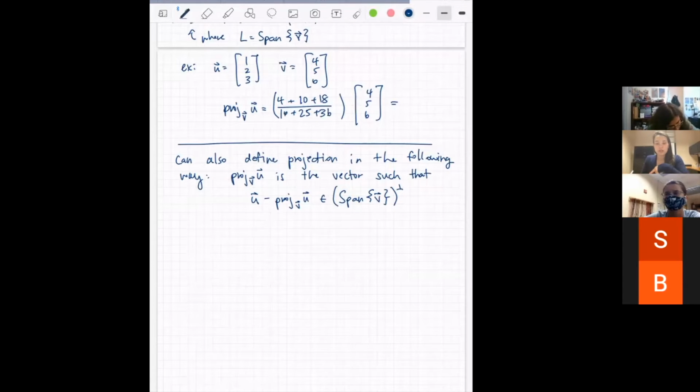perpendicular to V, right? So if we look at our picture again, we have U and V. We know that this should be the projection right here, this vector.